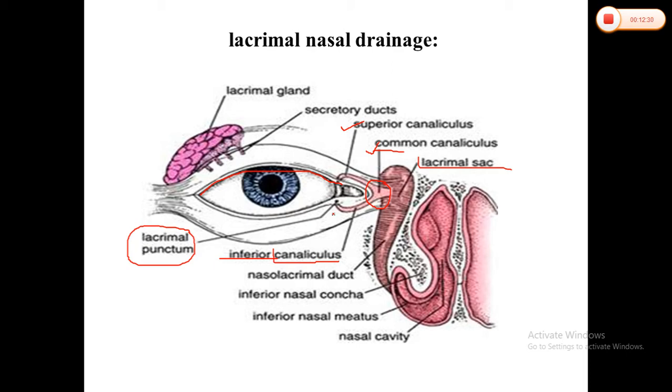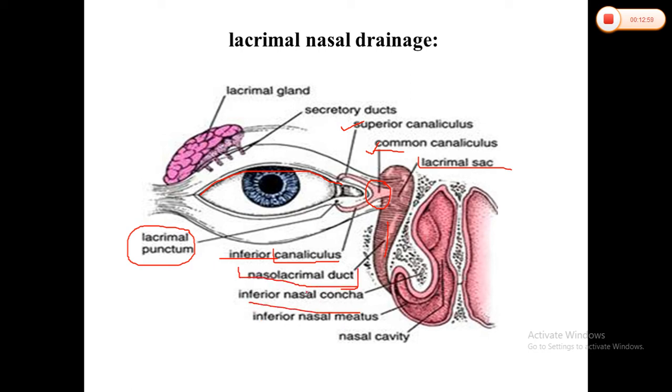Simultaneously, the collapsed walls of the lacrimal sac are drawn away from each other so that the sac is open, and that creates negative pressure. That negative pressure helps draw the tears into the nasal cavity through the nasolacrimal duct.